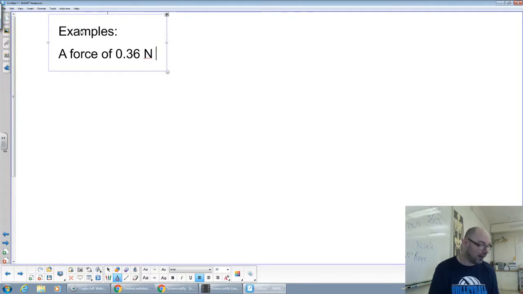If you want to see a spark in air, when you see those cracks when you walk across the rug and touch metal, the field has to be around 3 million newtons per coulomb to get that little zap.